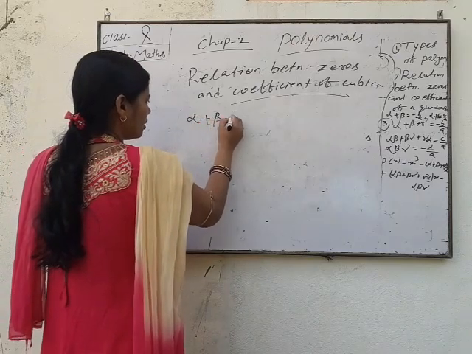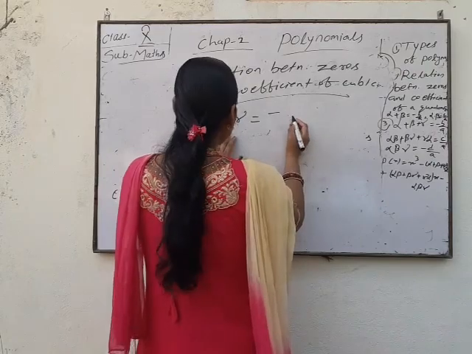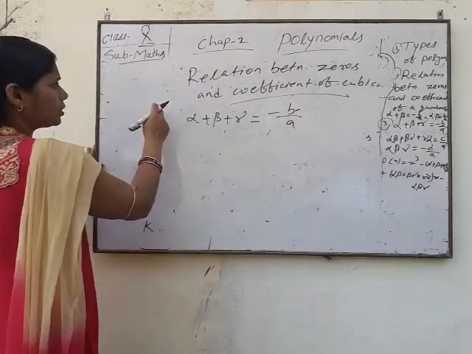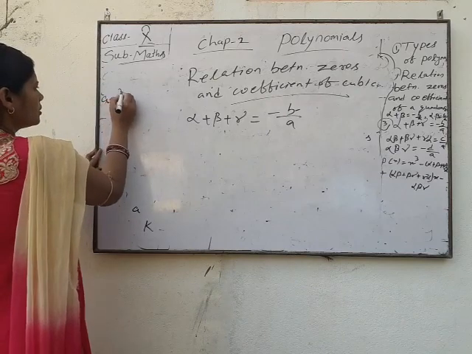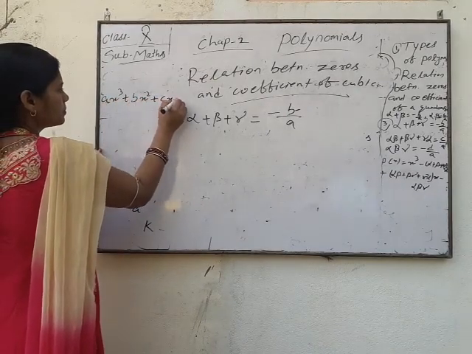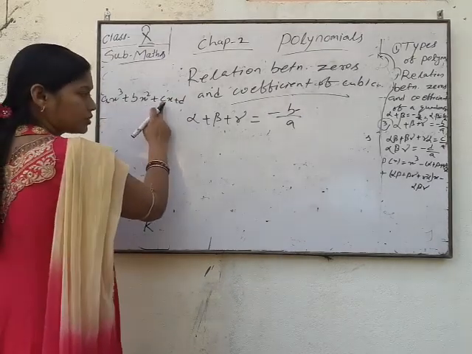Alpha plus beta plus gamma is equal to minus b by a. What is b? Write your cubic polynomial: ax cube plus bx square plus cx plus d.